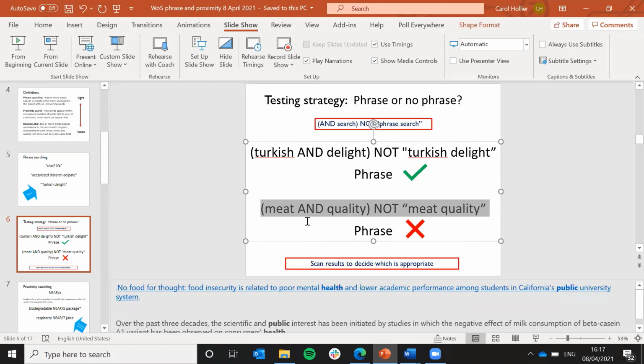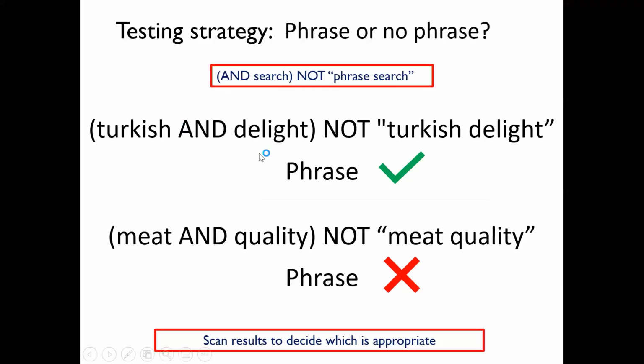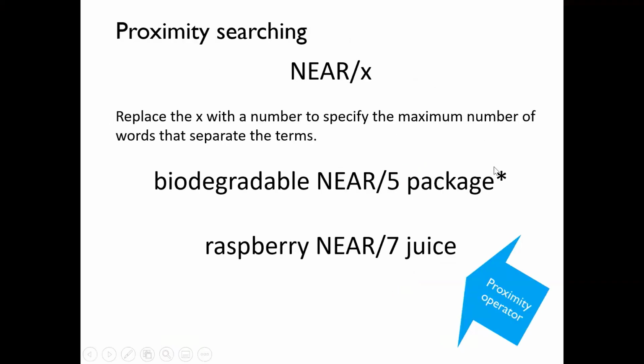So what else can you do though? If we go and think about proximity searching, that's something that gives us tighter control than just an AND, but isn't as constrained as using a phrase search.